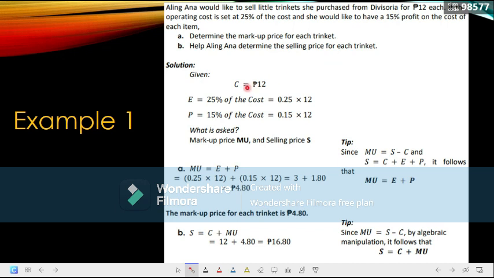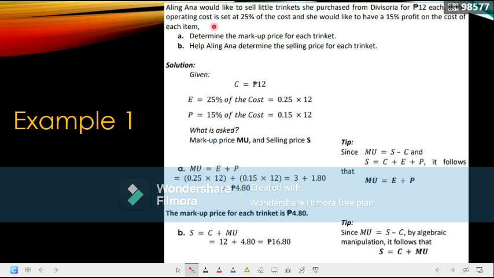Okay, so let's start with the solution. Given for letter A, we have to determine the markup price for each trinket. So the cost price is 12 pesos. Let's go back. Aling Ana would like to sell little trinkets she purchased from Divisoria for 12 each.